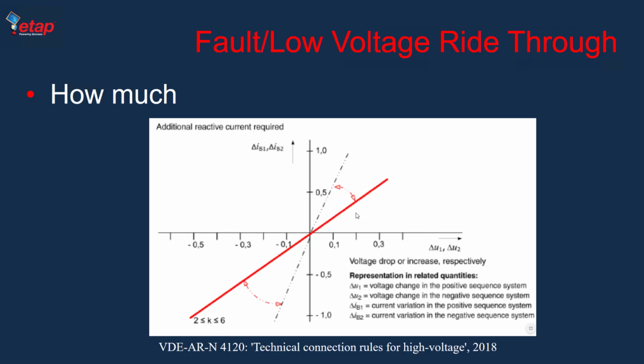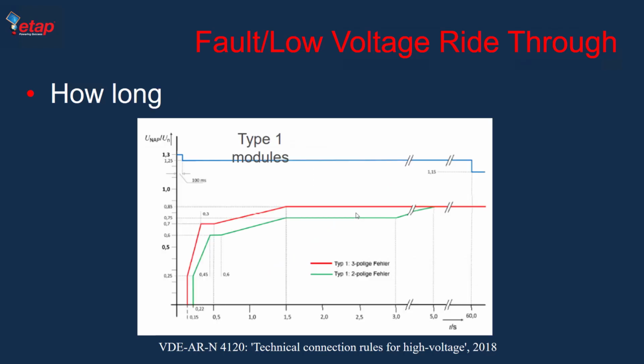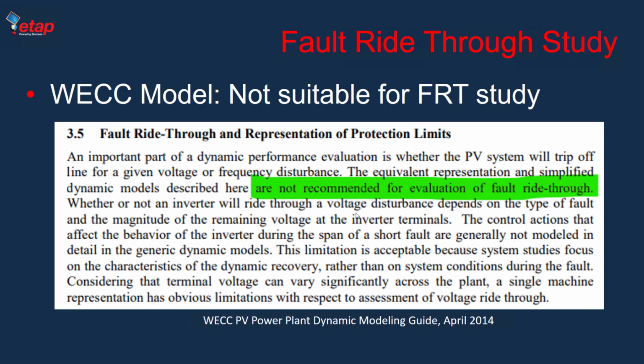And there are certain details here, as you see, there's a negative sequence part here, that typical transient stability, which is based on positive sequence, cannot support. And even here, the voltage drop is not just based on positive sequence voltages. It can be a combination of different phase-to-phase voltages.